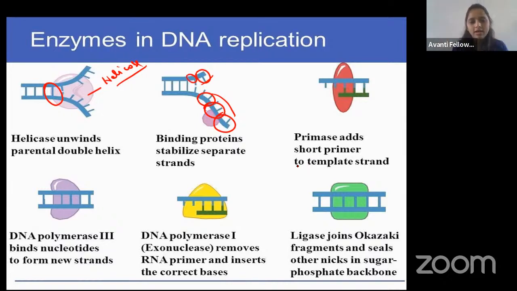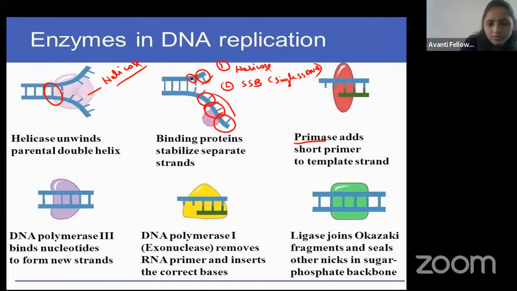Okay. So now what will happen? What is the first enzyme, guys? The first enzyme will be helicase, right? After that, single-stranded binding protein will come and bind to the single-stranded DNA, right? Observe here. The junction between the two single-stranded DNA and the one double-stranded DNA, what will we call it?